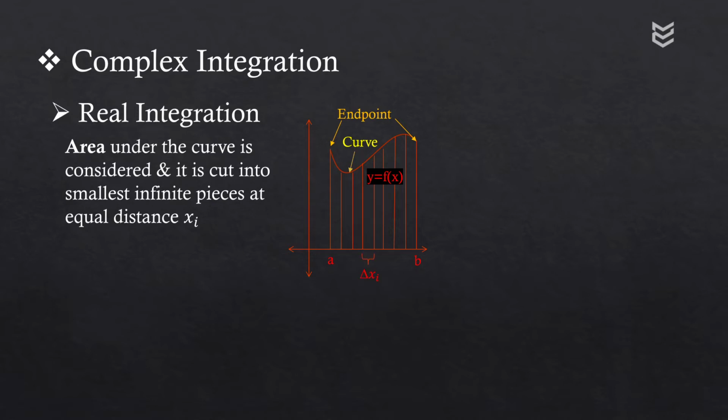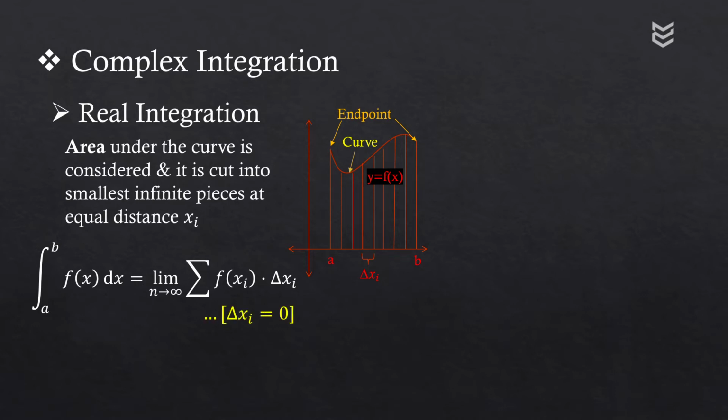The curve has limits from a to b, so we get the equation as integral from a to b of f of x dx equals limit n tends to infinity of summation f of xi into delta xi. Taking n tends to infinity, that is delta xi tends to 0.